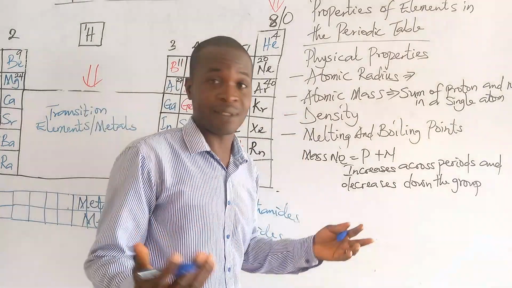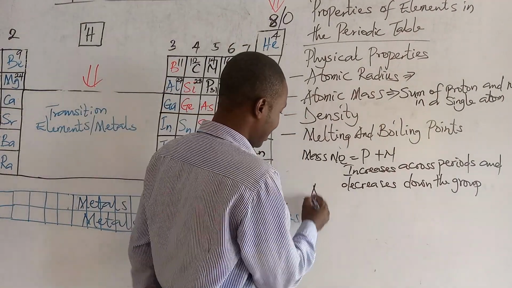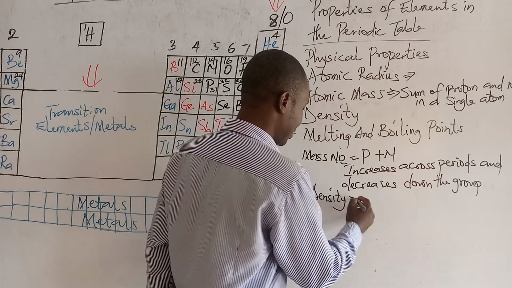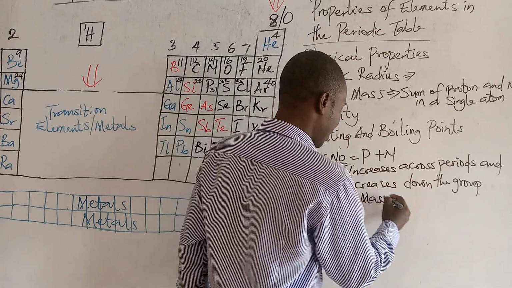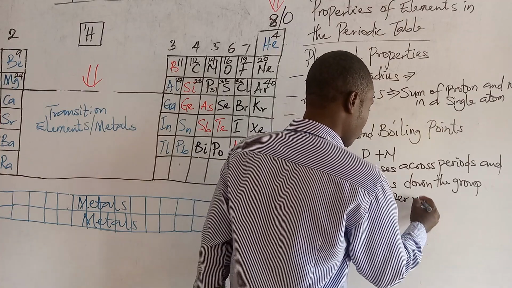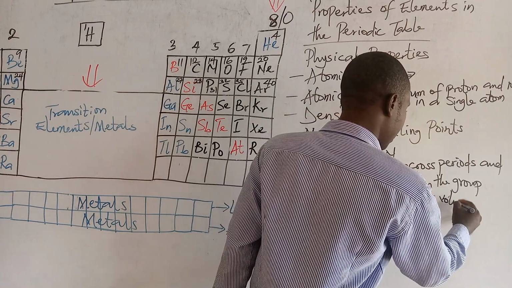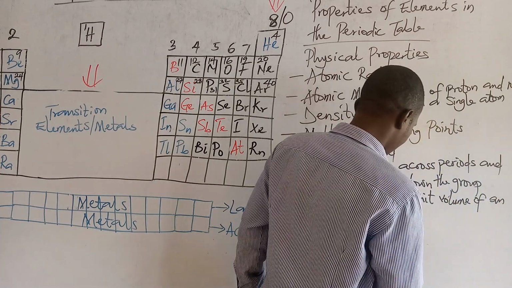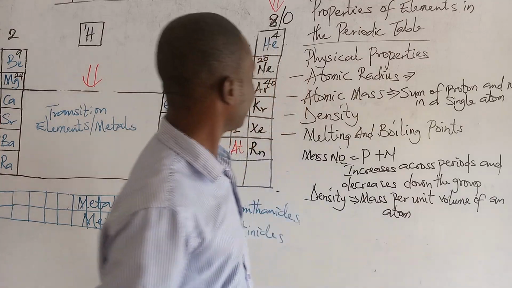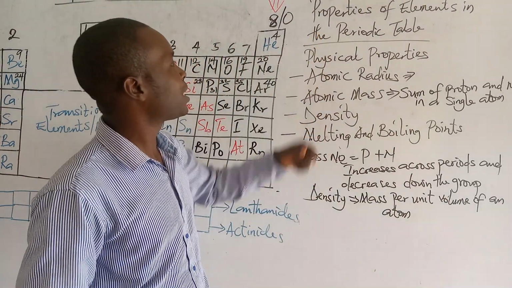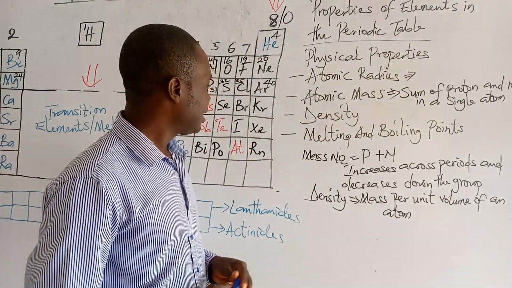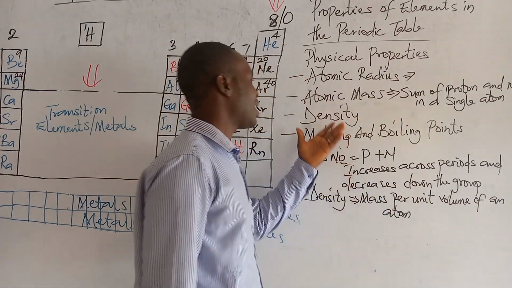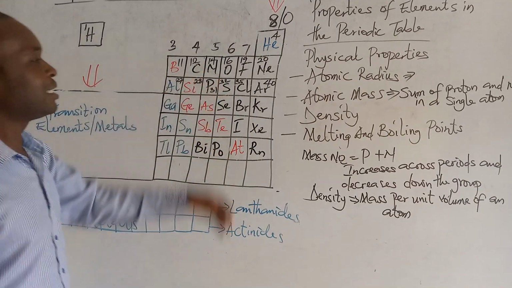Now let's talk about density. Density, as we often define, is mass per unit volume of an atom. Density is one of the physical properties of elements in the periodic table. Density of any atom is the mass per unit volume of that particular atom. How does it affect the periodic table?